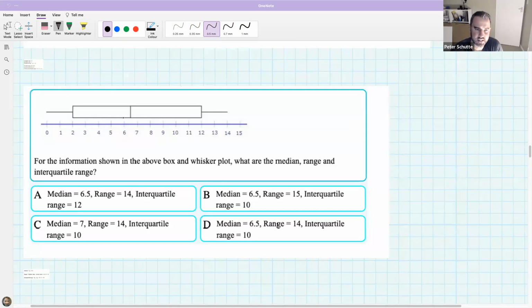So the median has to be 6.5 because the median is sitting here.